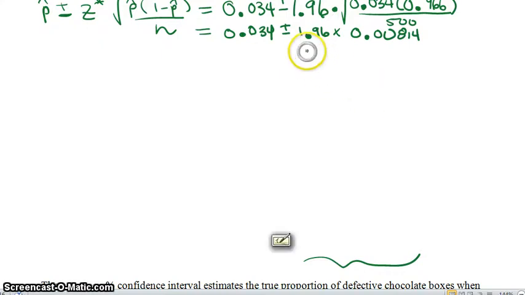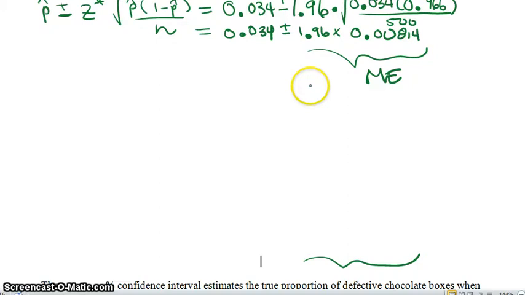If we multiply these two values together, this is called the margin of error. It's our critical value times the standard error. This value comes out to be a positive 0.01589. This is what we add and subtract from our point estimate. So this is our margin of error for a proportions problem.